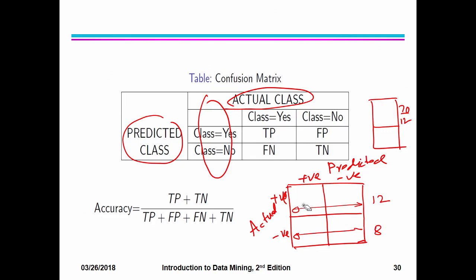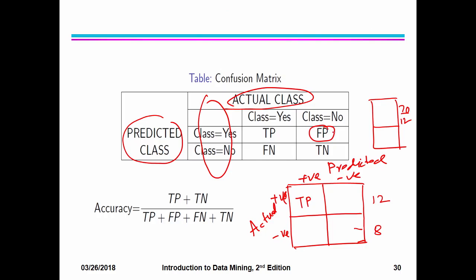Therefore, this thing will change. This is the true positive here, and earlier it was here the false positive. What is false positive? The classifier predicted positive class, but that is false, that means actually it is negative class.